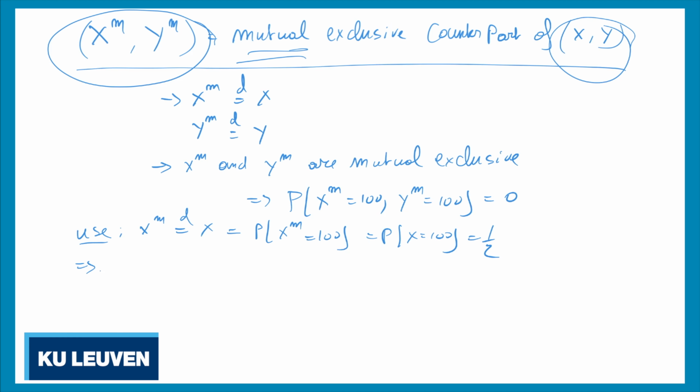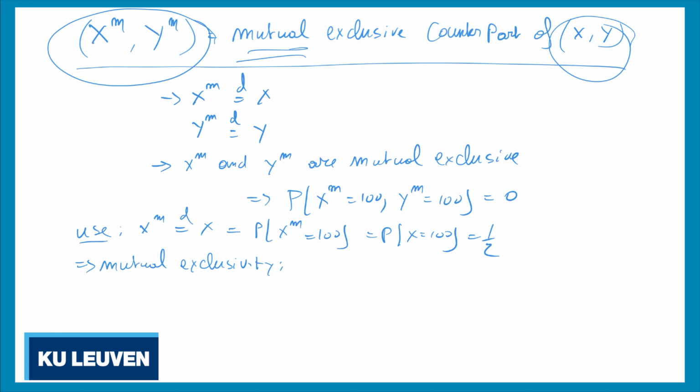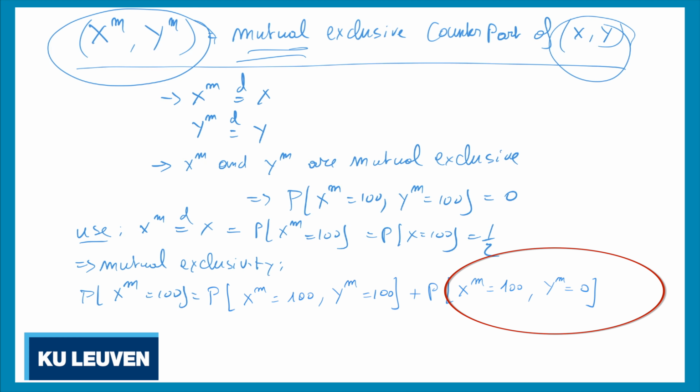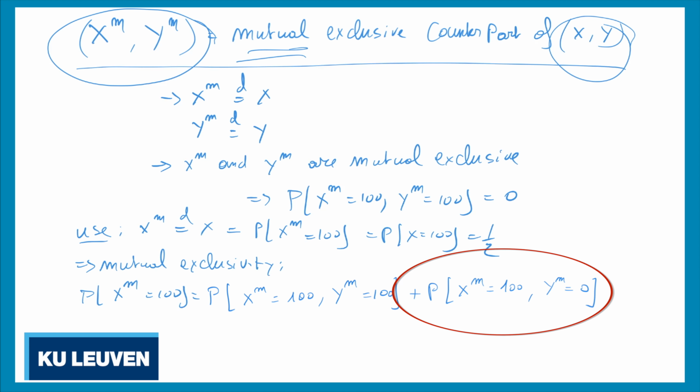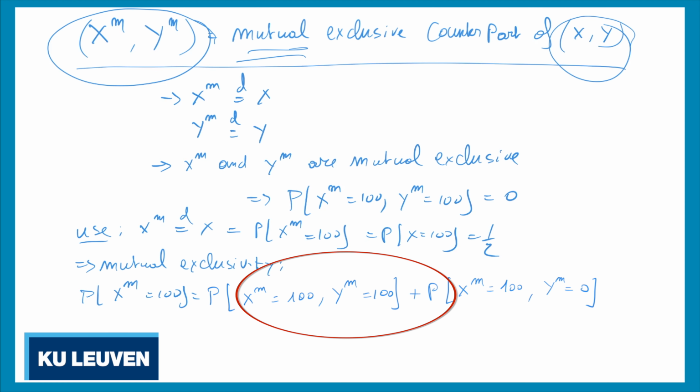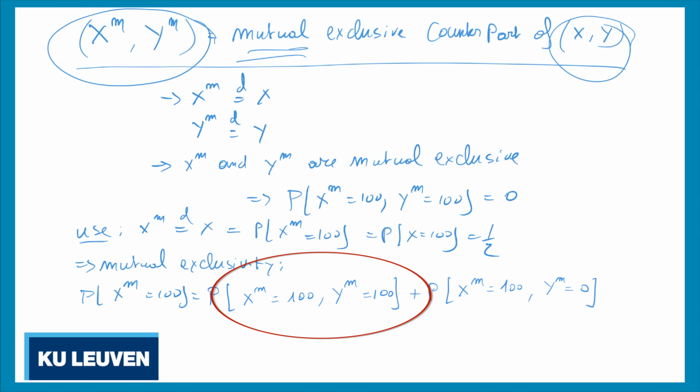However, mutual exclusivity gives the following result. The probability that X^m is equal to 100, I can write as: when is X^m equal to 100? It's the case when X^m is 100 and Y^m is 0, or it happens in the situation where X^m is 100 and Y^m is 100.